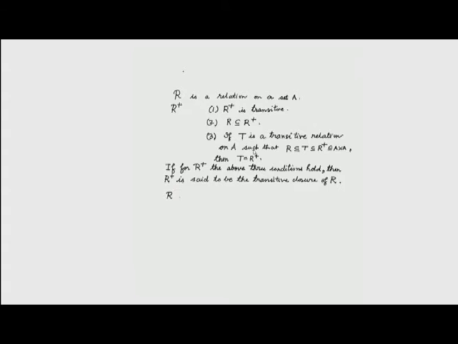So, we consider R and then we define R square, which is also written as R composition R, as A R square B if and only if there exists A 1 belonging to A such that A related to A 1 and A 1 related to B.